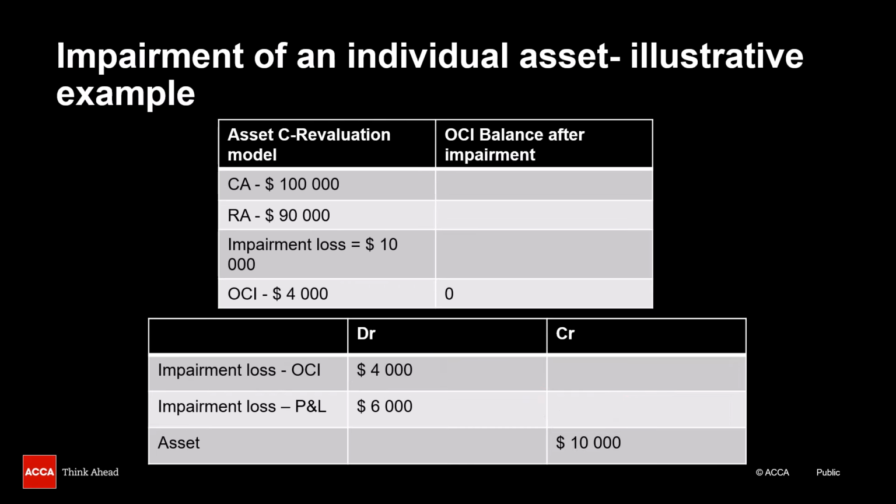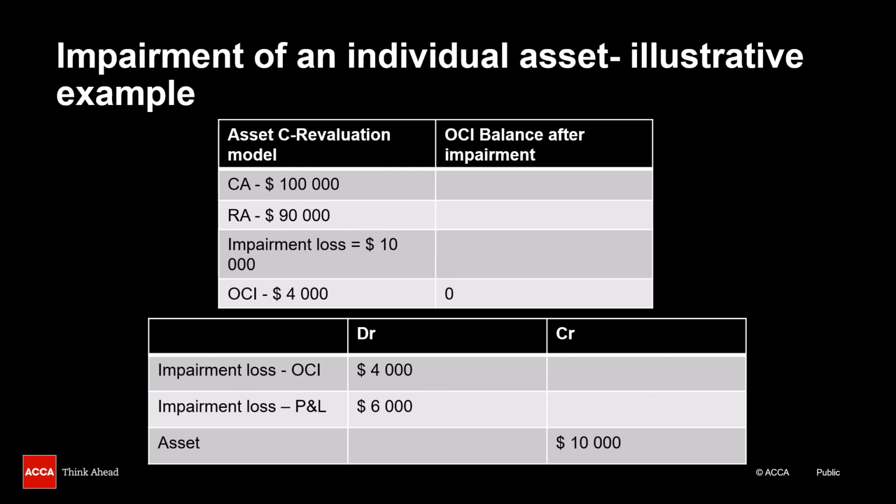Again, in this case, since the asset has a related revaluation reserve, the impairment loss of $10,000 will first need to reduce the revaluation reserve prior to an expense being recognized in profit and loss.